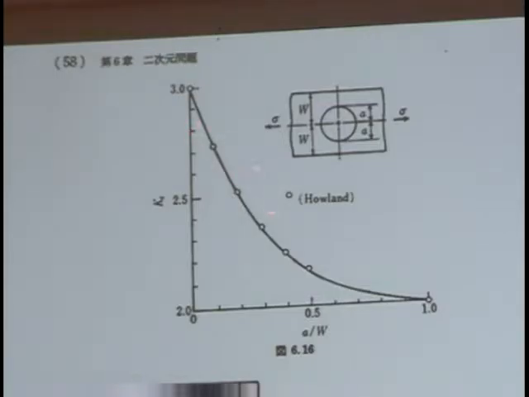So he gave up calculating beyond 0.5 of A over W. So he stopped here.